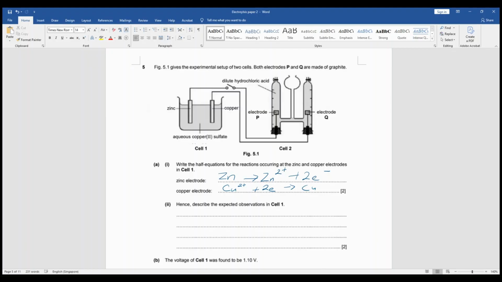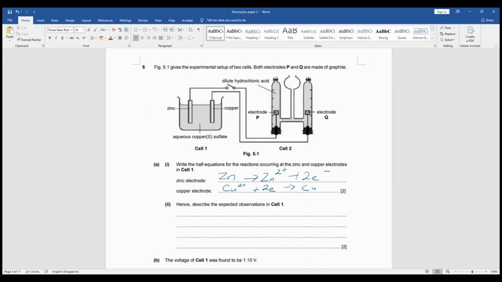Hence, describe the expected observation in cell 1. I will see the copper electrode becoming thicker and the zinc electrode becoming thinner. It's 2 marks.